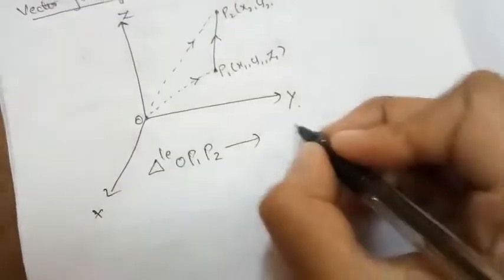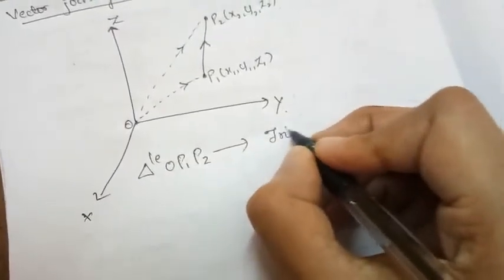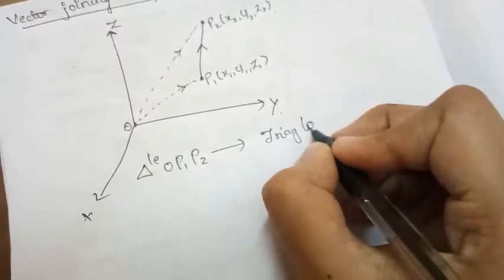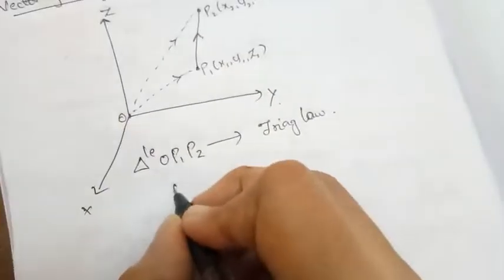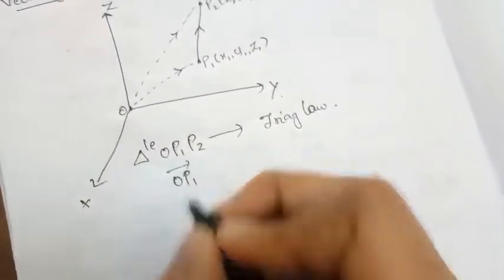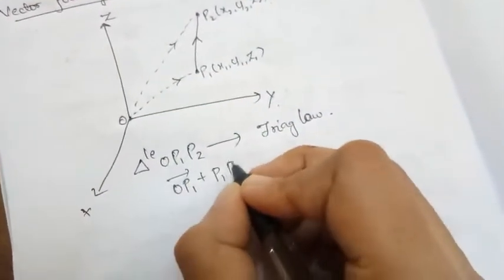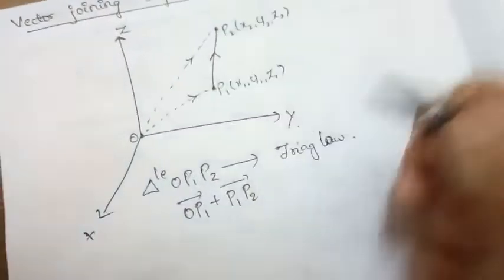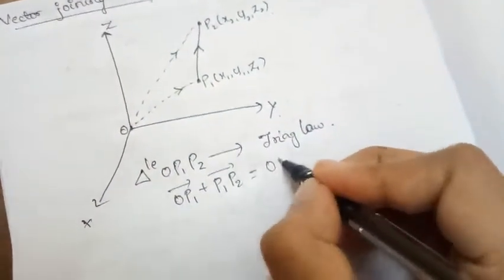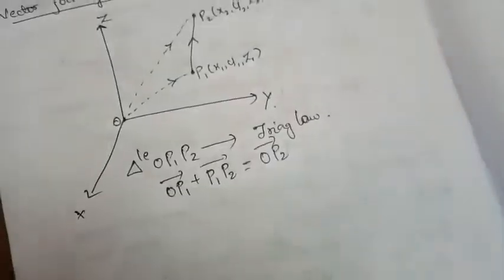Again for this triangle, if I apply triangular law, what happens, vector OP1 plus vector P1P2 is equal to vector OP2.